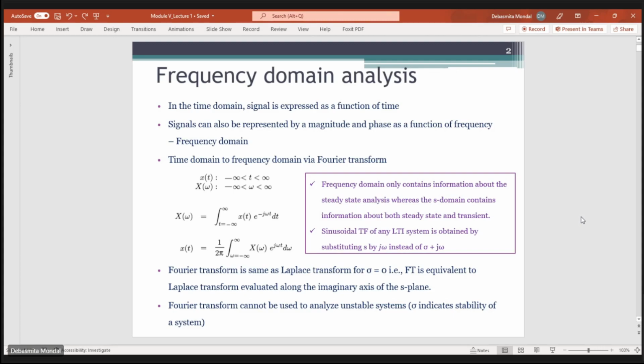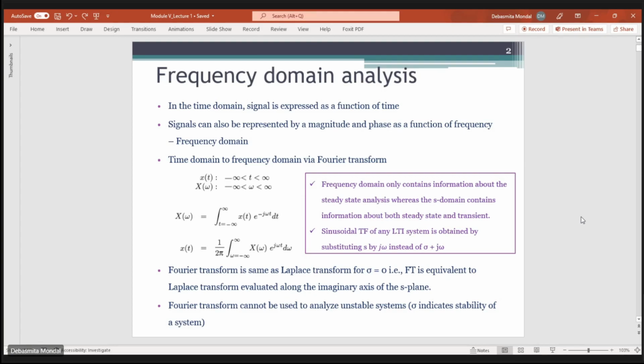So instead of describing the signal as a function of time, if you express the signal properties as a function of frequency, that is omega, then that is the representation of a system in the frequency domain.